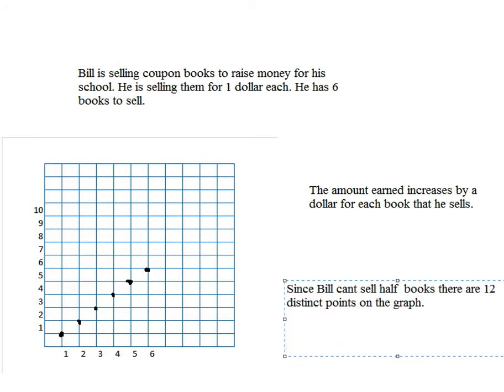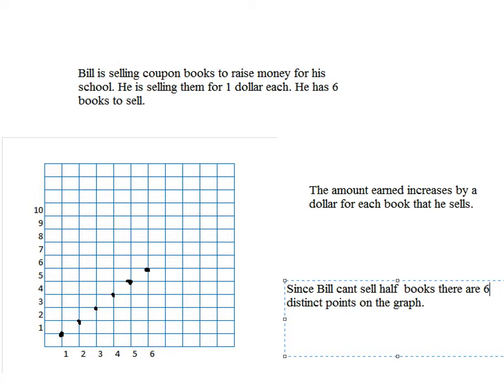Since Bill can't sell half books, there are 12 distinct points on the graph. Well, actually, there are only 6 distinct points on the graph. 1, 2, 3, 4, 5, 6.